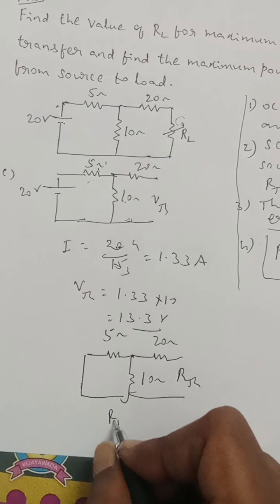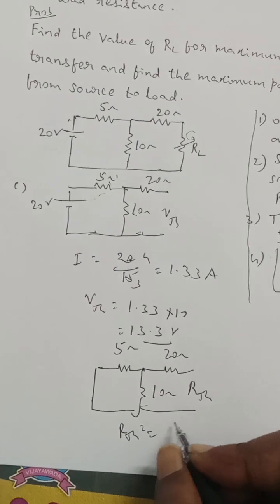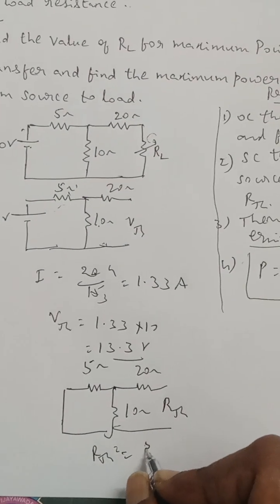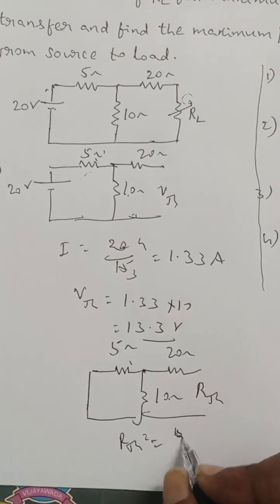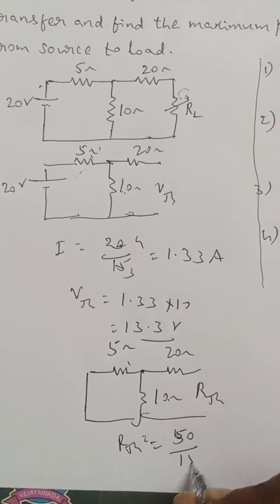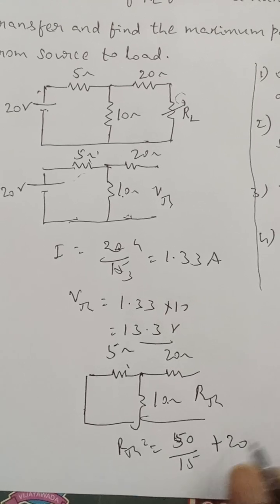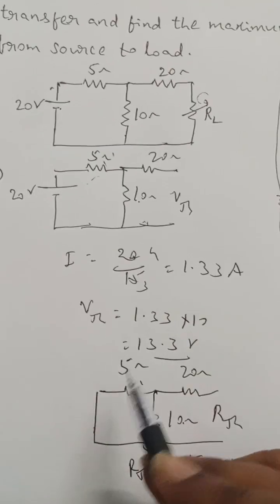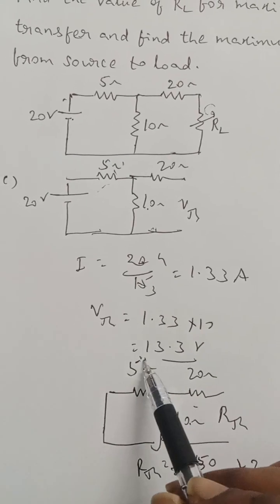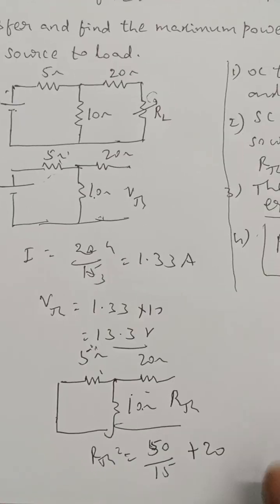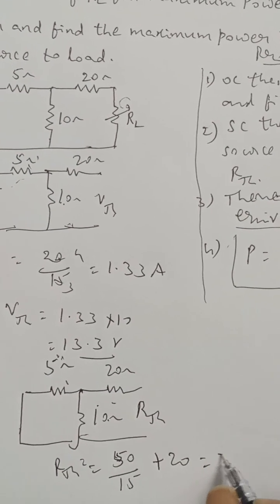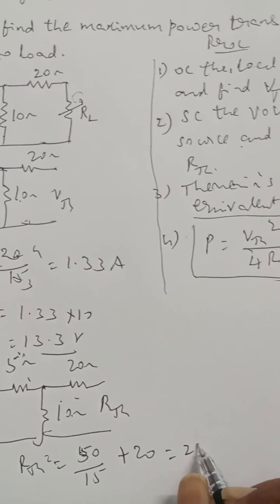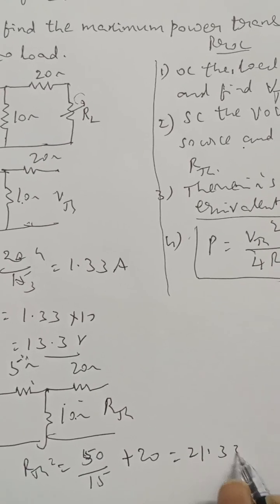So R Thevenin is equal to R1 R2, that is 10 into 5 by 10 plus 5, 10 into 5 is 50 by 10 plus 5, 15, plus 20. This is equal to 21.33 ohms.